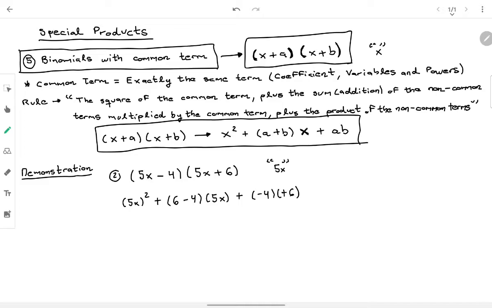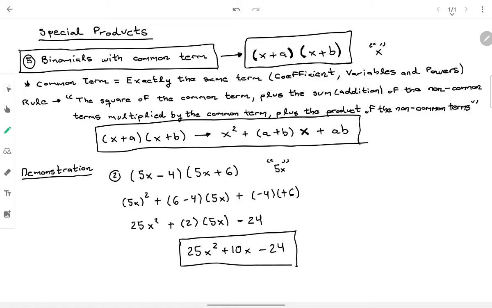The final answer is going to be 25x squared. Then it's going to be plus 2 that multiplies 5x. Of course, you can do it by mind. It will be minus 6 times 4, which is minus 24. So the final answer is going to be 25x squared plus 10x minus 24. And this is going to be our final and ordered answer.